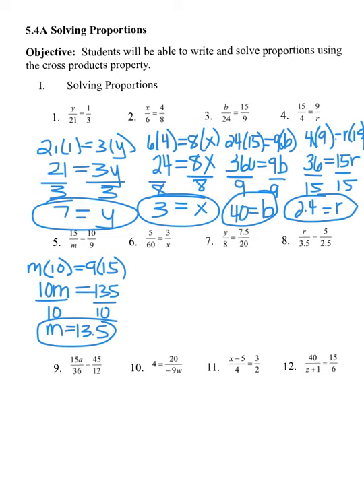Number 6, I'm going to do the same thing from the bottom to the top. 60 times 3 equals x times 5. 60 times 3 is 180. 5 times x is 5x. You're going to divide both sides by 5, and you get x equals 36.